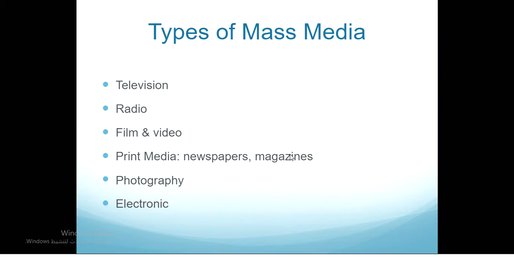Here are some types of mass media. We have television, radio, film and video, print media such as newspapers, magazines, photography, and electronic.